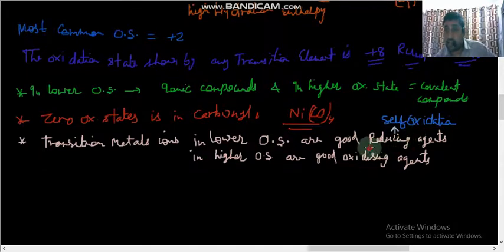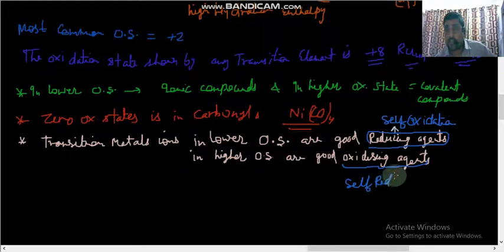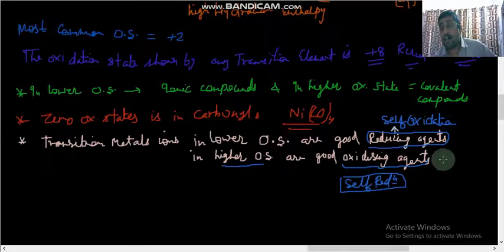That's why they are good reducing agents. Similarly, oxidizing agent means self reduction. Now they are already in their higher oxidation state, so they cannot oxidize further. They have only one direction, that is self reduction. That's why they are good oxidizing agents.